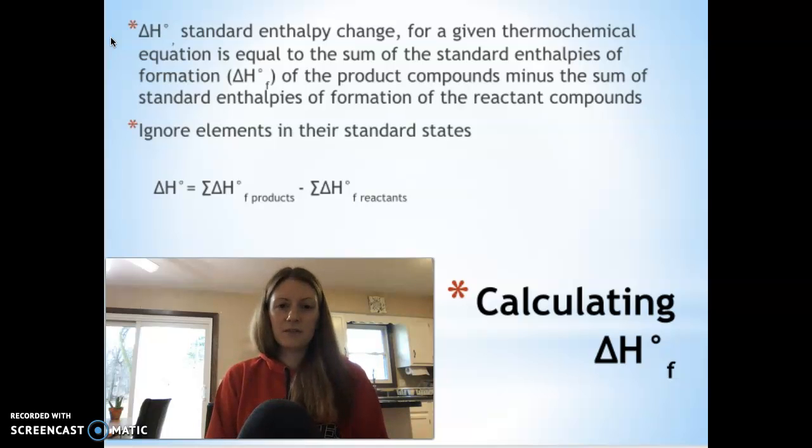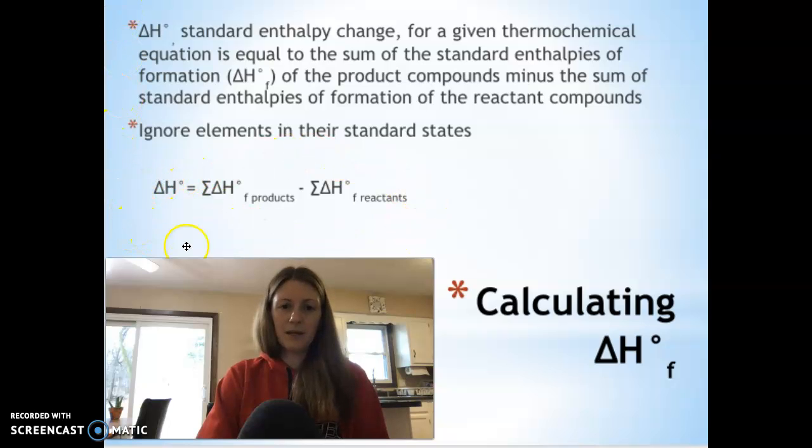Calculating those enthalpies of formation, so when we're looking at a standard enthalpy change for a given thermochemical equation, it's going to be equal to the sum of the standard enthalpies of formation of the products minus the sum of the enthalpies of formation of the reactants. So again, ignore things in their standard states.